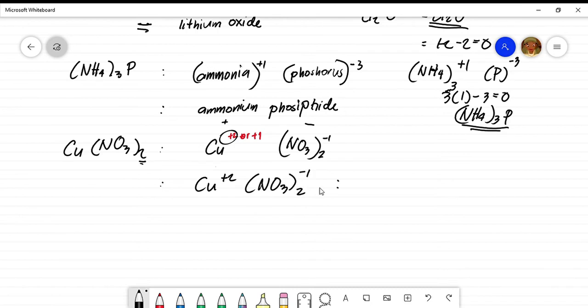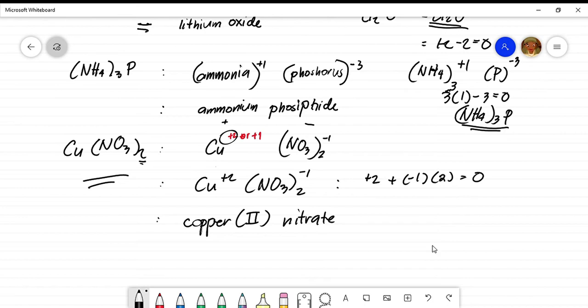For the charges, we have 2 plus -1 times 2. So this is 0, so this will become a stable ionic compound. In naming, we will have finally copper(II), the Roman numeral, nitrate.